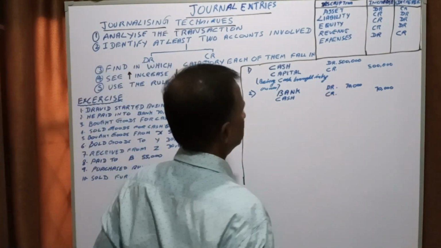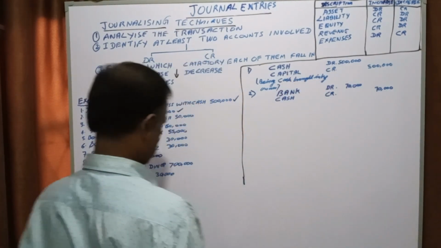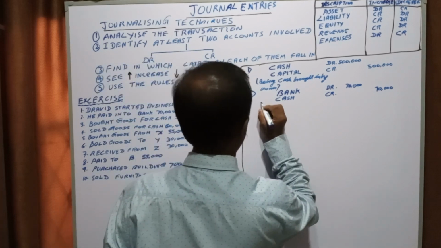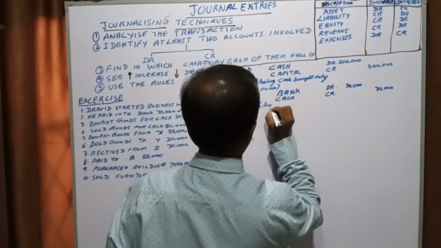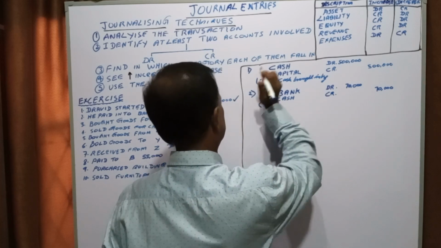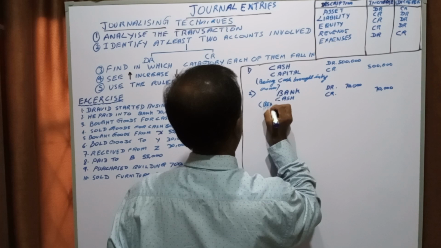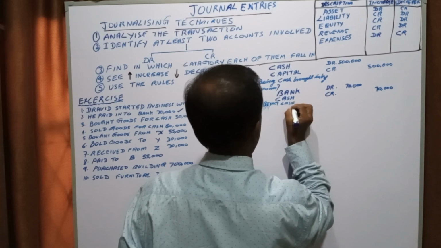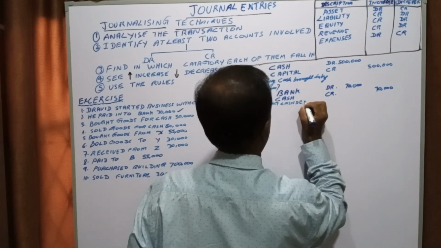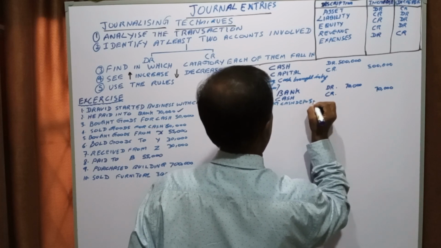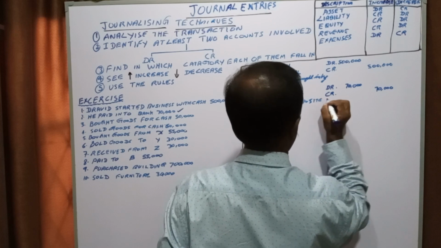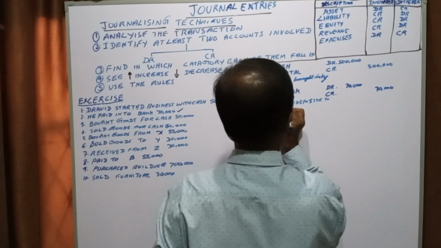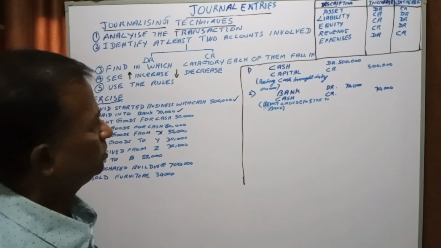So the bank is debited, and cash going out is credited. Narration: being cash deposited to bank.